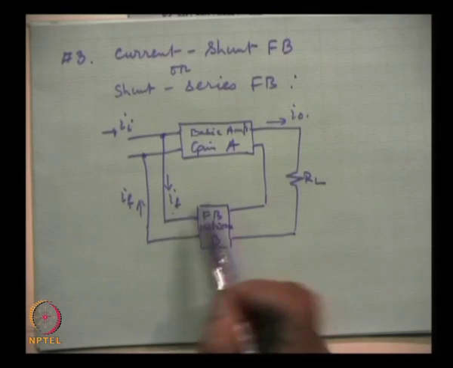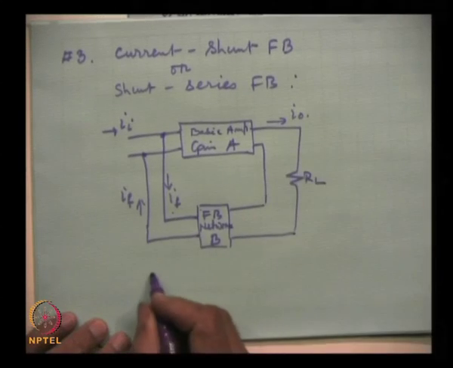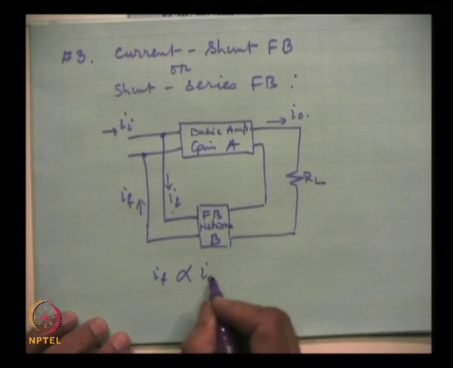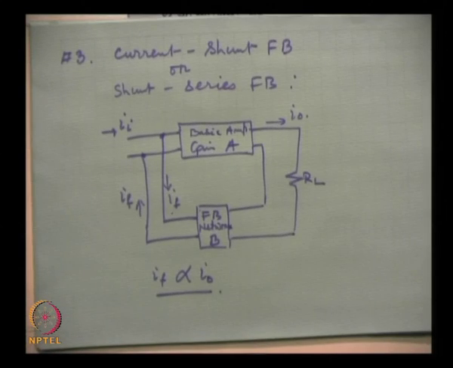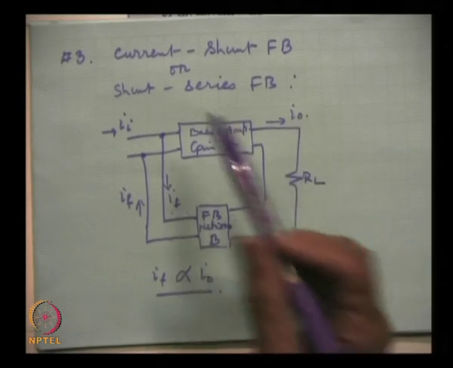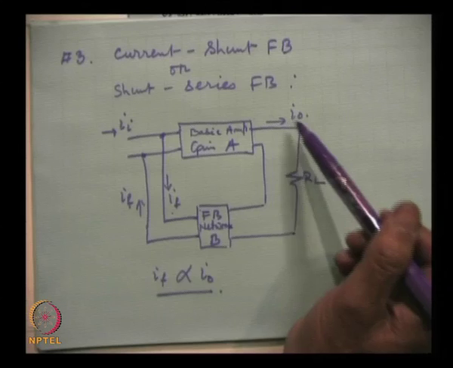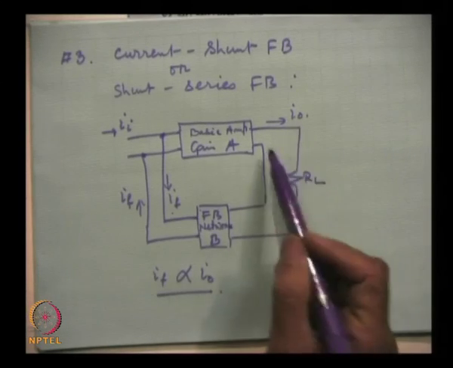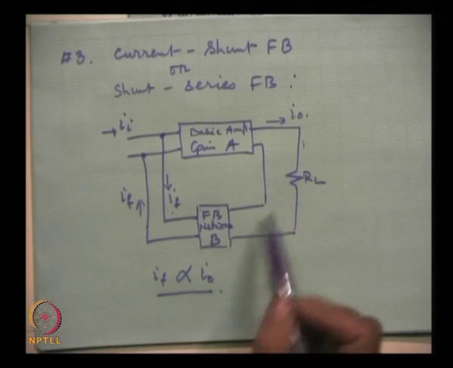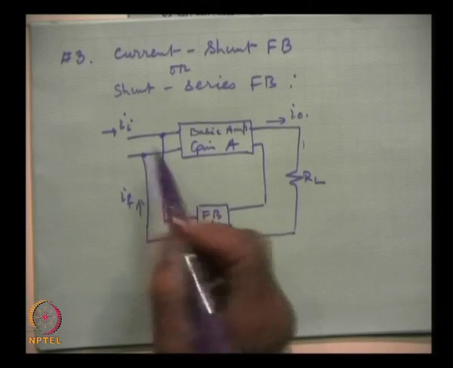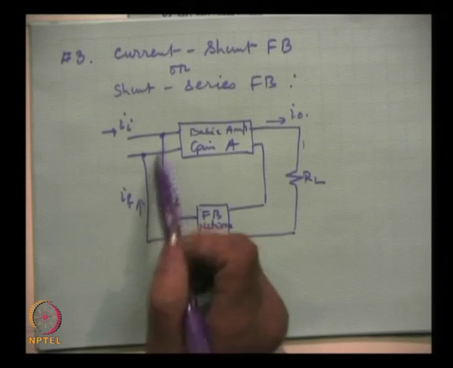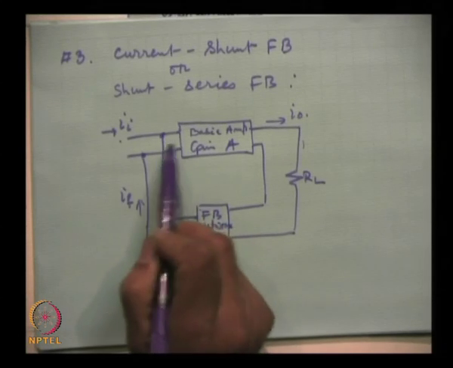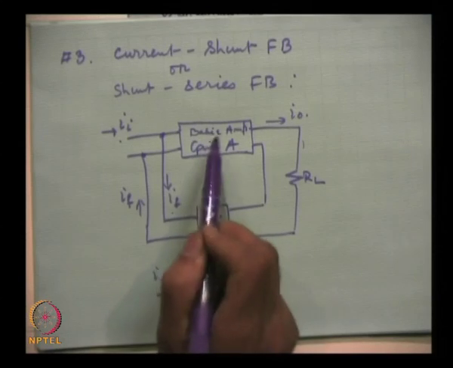IF varies in proportion to I0, so we are sampling, actually feeding back, a fraction of the output current, and it is compared with the input current I, which goes into this circuit.